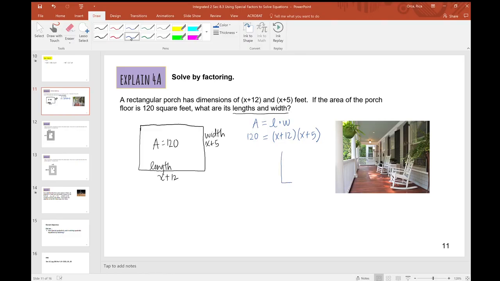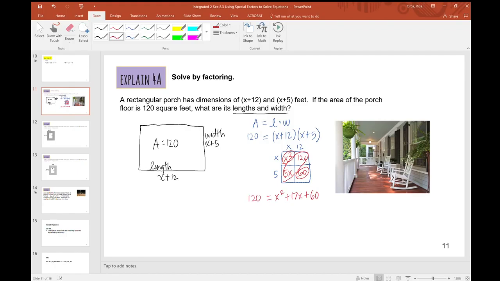I'm going to use the box method to multiply that out. X times x is x squared, x times 12 is 12x, 5 times x is 5x, and 5 times 12 is 60. So now we have x squared plus 17x plus 60, and that equals 120.